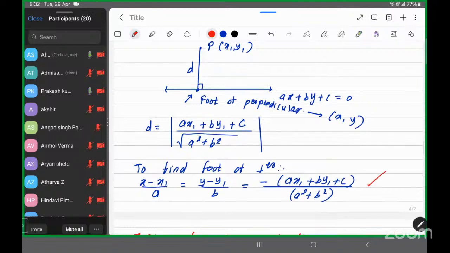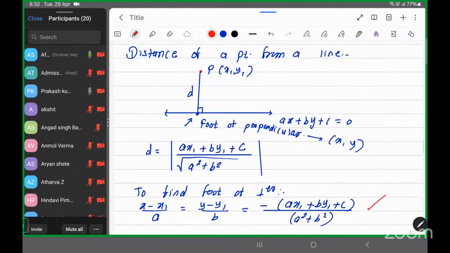Acha, listen. Whenever I draw a perpendicular from a point to a line, we get a point on that line. That point is called the foot of perpendicular.